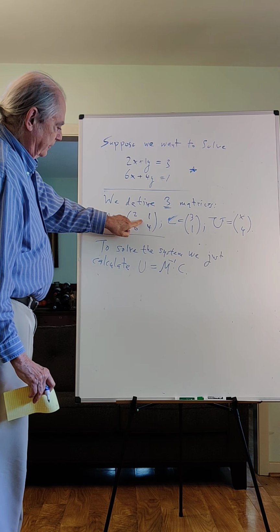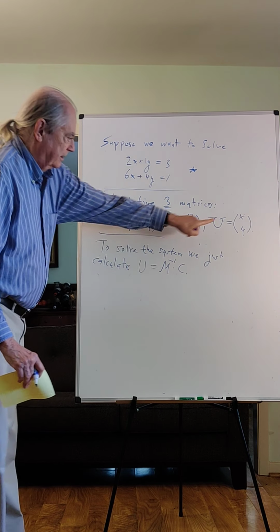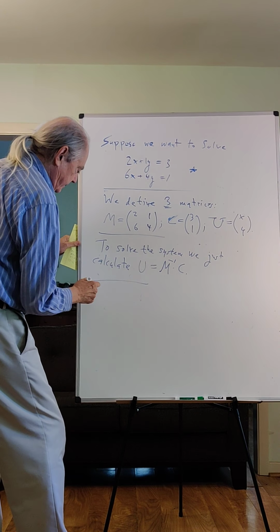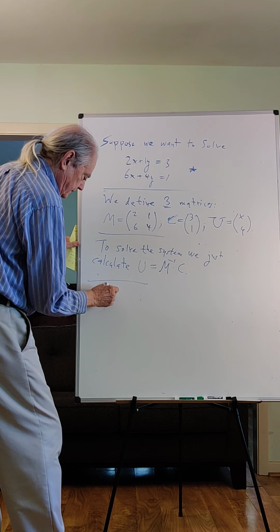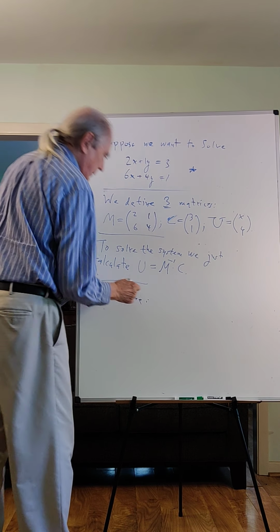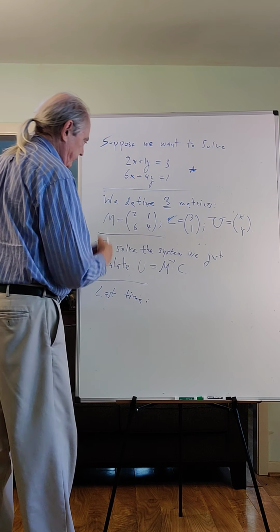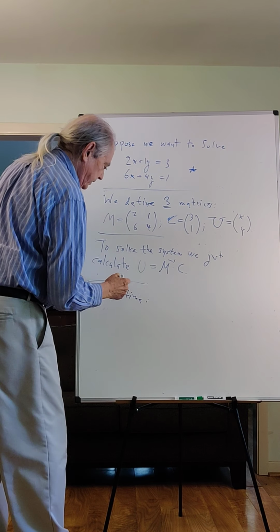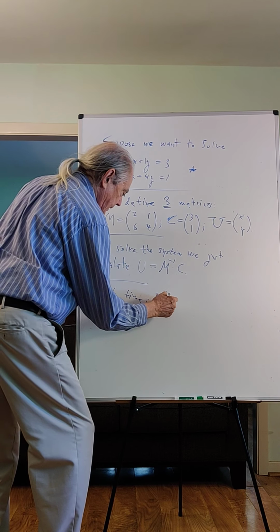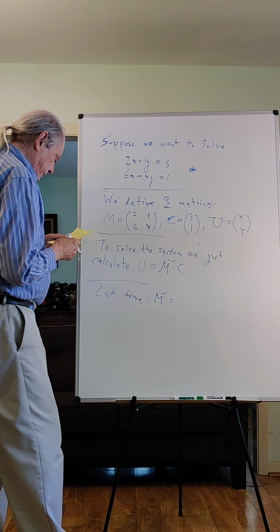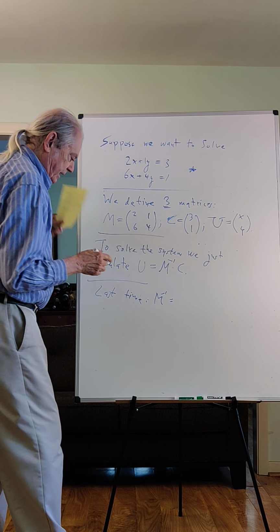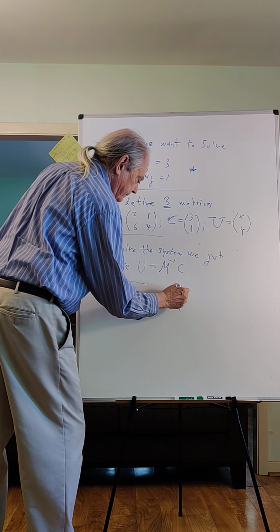So we find the inverse of this matrix and then we multiply it by that matrix. So from last time, we inverted this matrix. You can check the previous video. So m inverse turned out to be 2, negative a half, negative 3, 1.